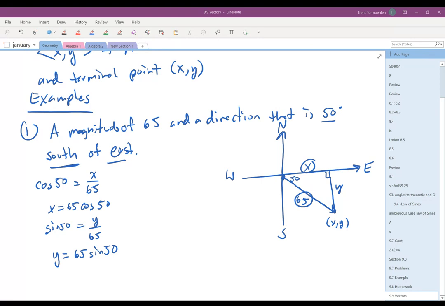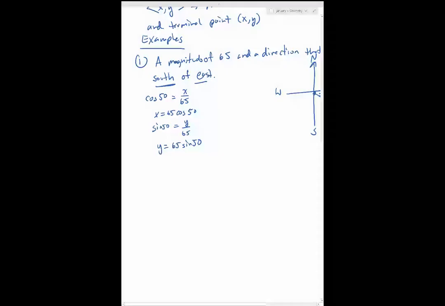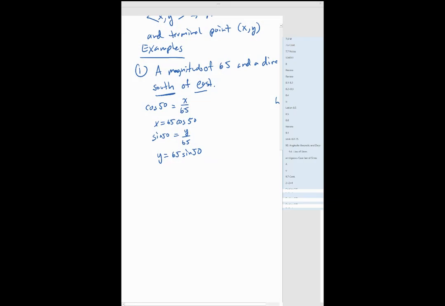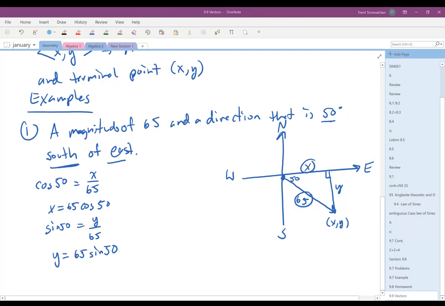So now we just type those into our calculator to get our answers. Gotta grab my calculator. We type in 65 cosine of 50, and we get 41 point, we'll round to the nearest hundredth again, 78, and then 65 sine of 50, and we get 49.79.